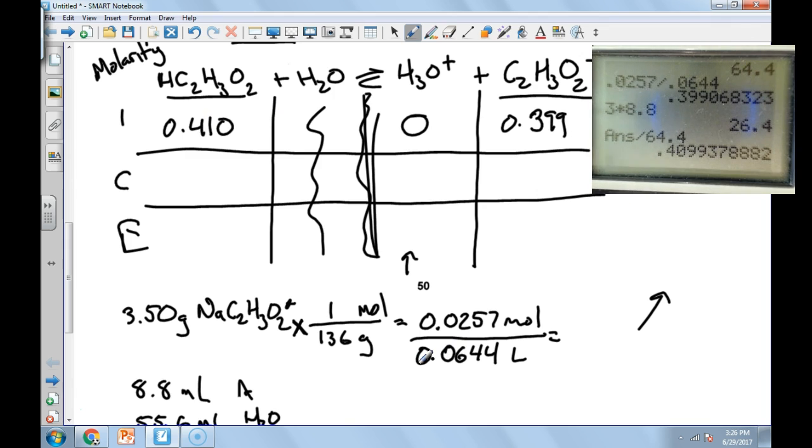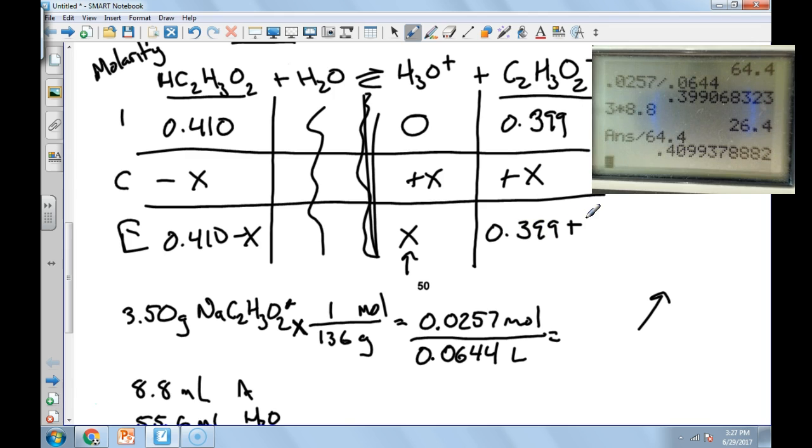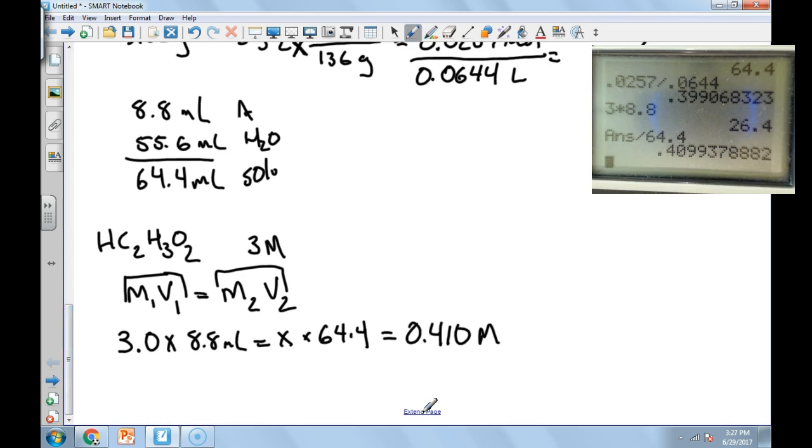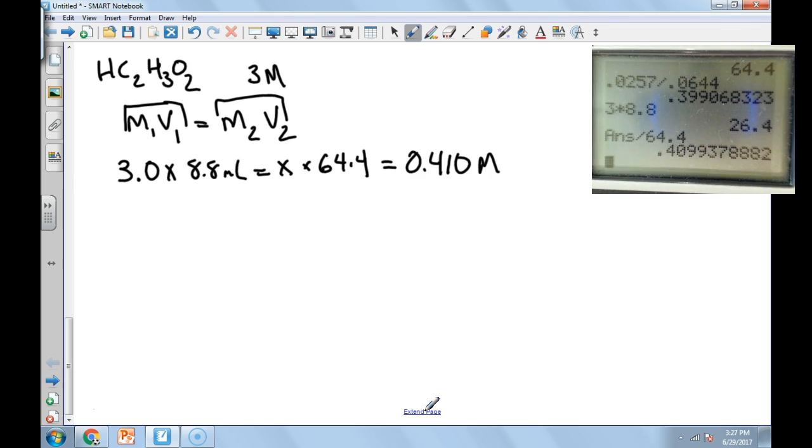At this point, this should give us an ICE chart that we can solve, just like the ones that we would normally do in class. So we're going to go minus x, plus x, plus x, and this is going to be 0.410 minus x, and this is going to be x, and this is going to be 0.399 plus x. And we can either use the Henderson-Hasselbalch equation, or we can just do the ICE chart.